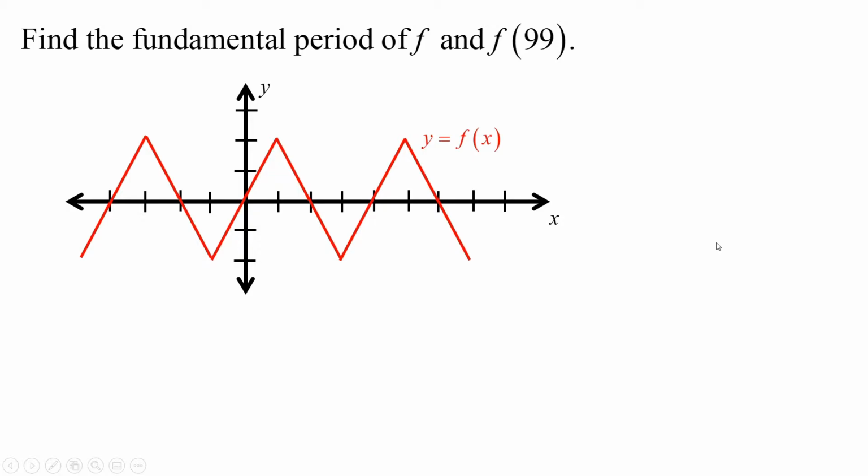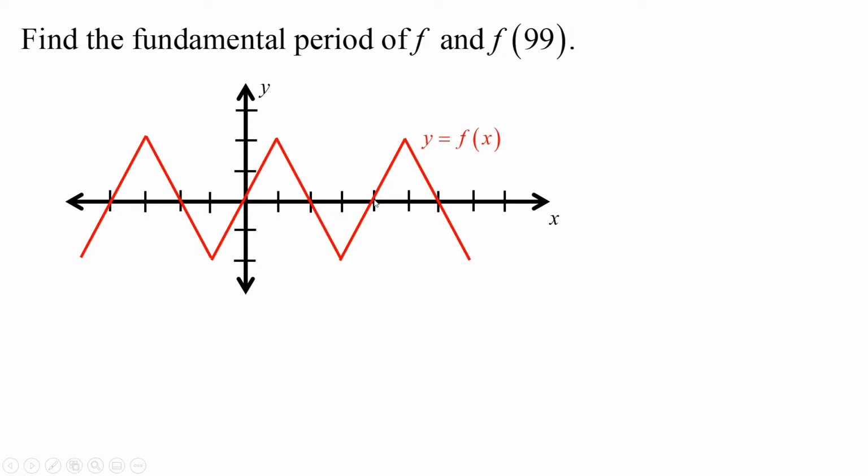All right, so find the fundamental period of f and then find f of 99. Okay, well, let's first talk about the fundamental period. This is a piecewise linear function right here. When I am asked to find the fundamental period of a function, I start at the y-axis, and then I follow the curve until I see that the pattern is repeating itself.